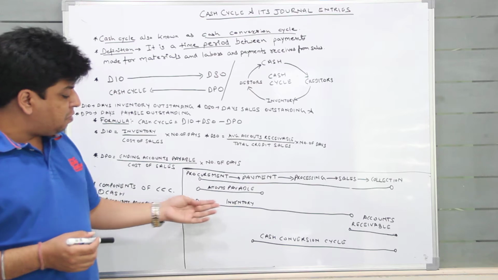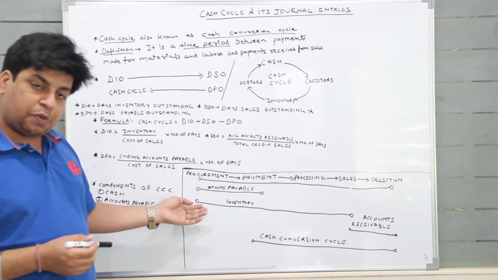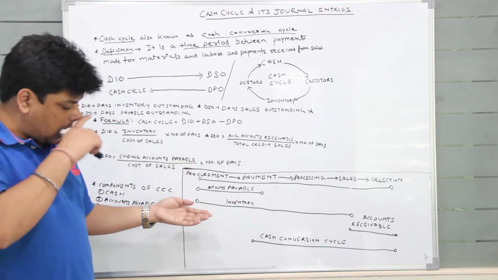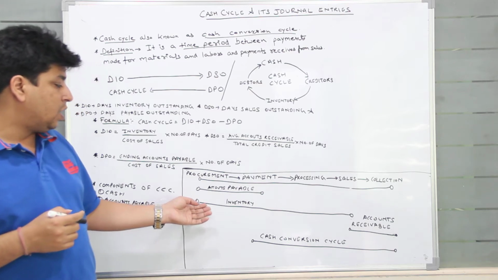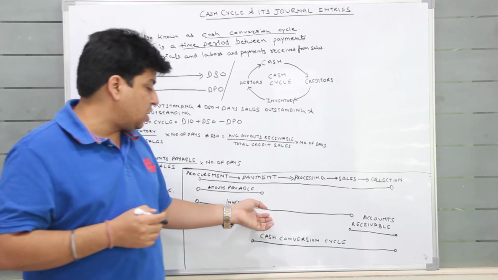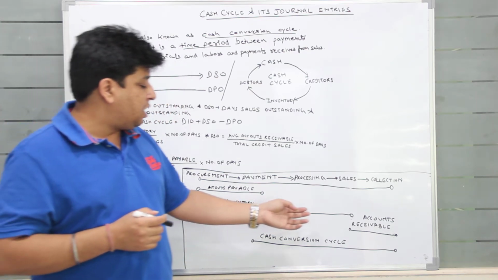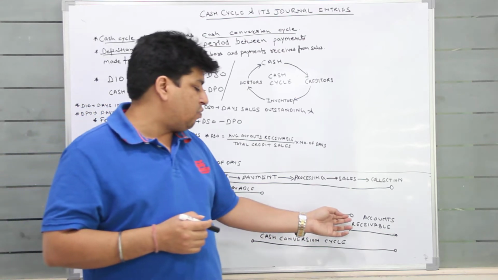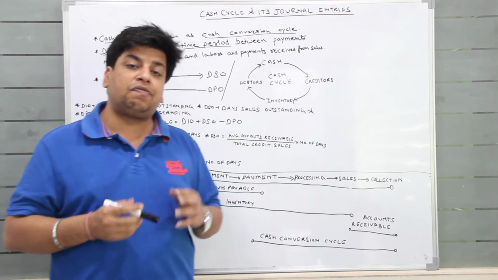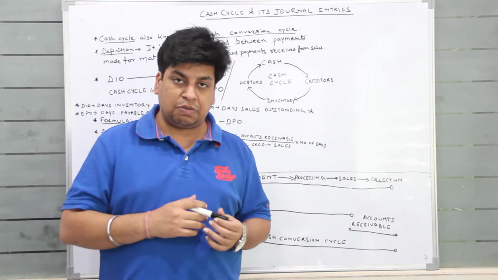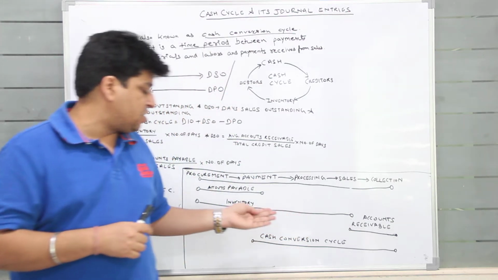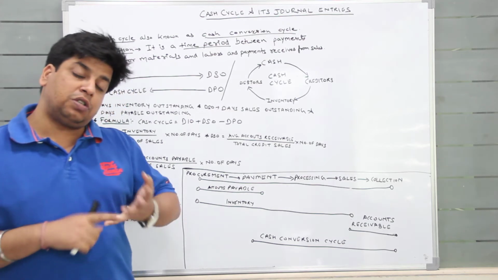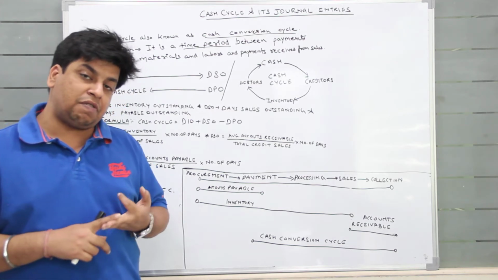Now inventory will start from the time we are procuring the goods. It will be there with us at the time of payment. It will be there at the time of processing, and it will be there till we are selling the finished goods to the customers. Because by inventory, we would include three portions of inventory.